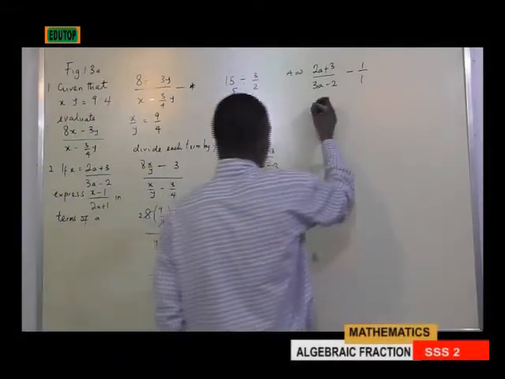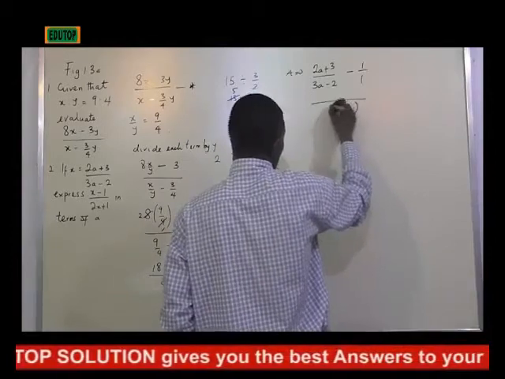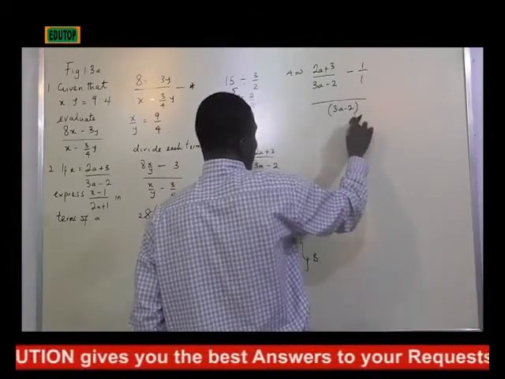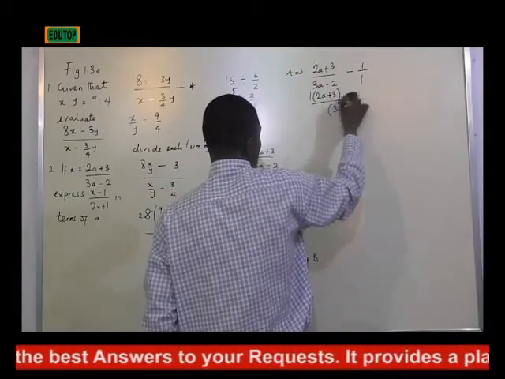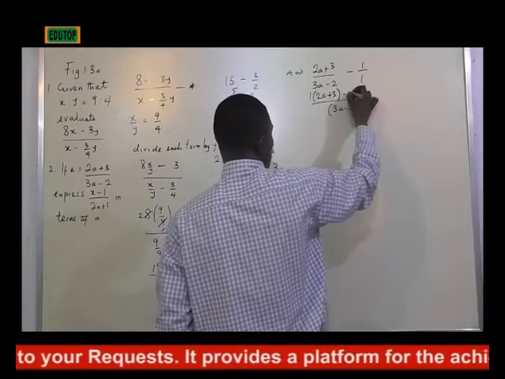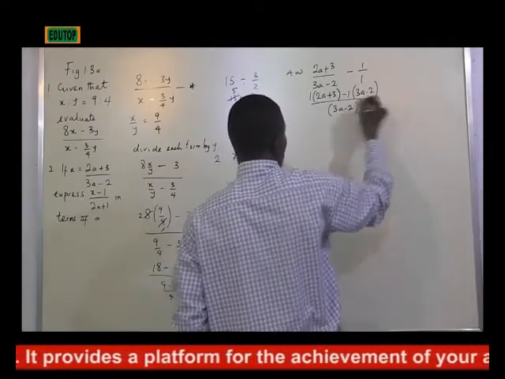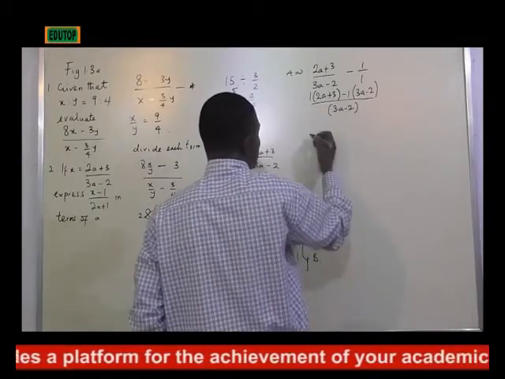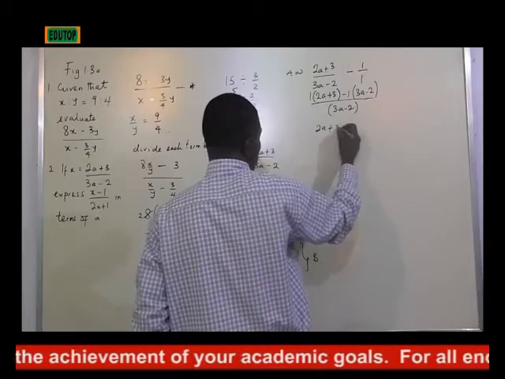Then, what is common here? What is the LCM here? 3a minus 2. 1 into 2a plus 3, 1 into this, I have this. Minus 1 into 3a minus 2. 1 times 2a, 2a. 1 times plus 3, plus 3.